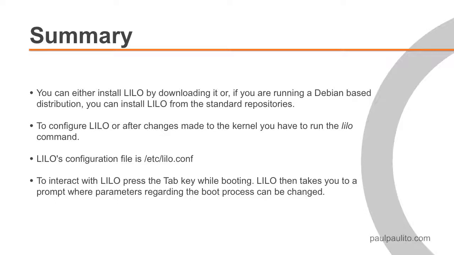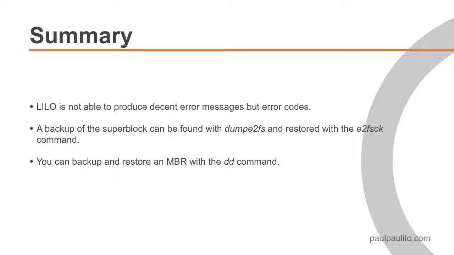To interact with Lilo, press the Tab key while booting. Lilo then takes you to a prompt where parameters regarding the boot process can be changed. Lilo is not able to produce decent error messages, but error codes. A backup of the superblock can be found with dumpe2fs and restored with the e2fsck command. You can backup and restore an MBR with the dd command.